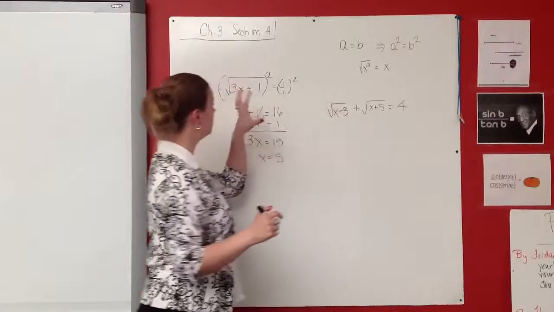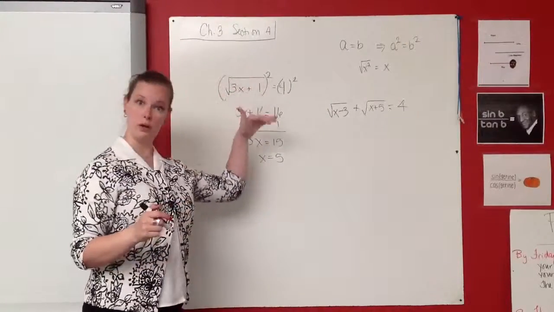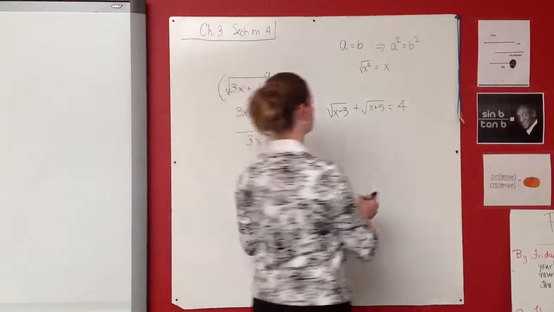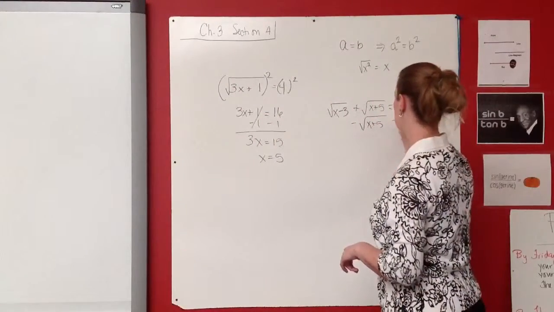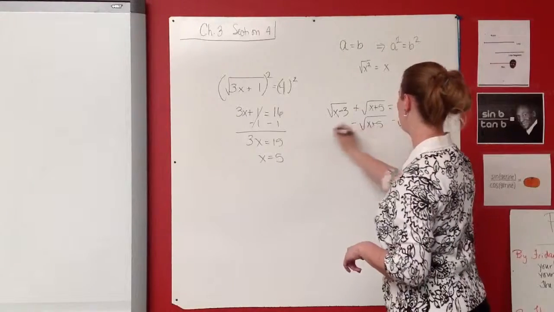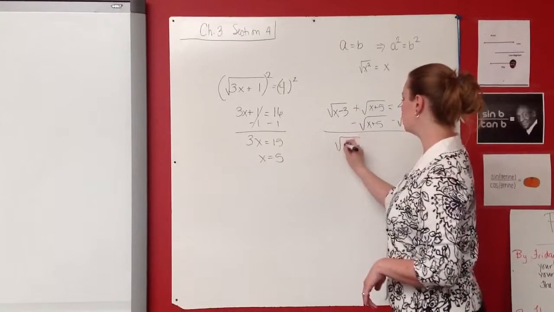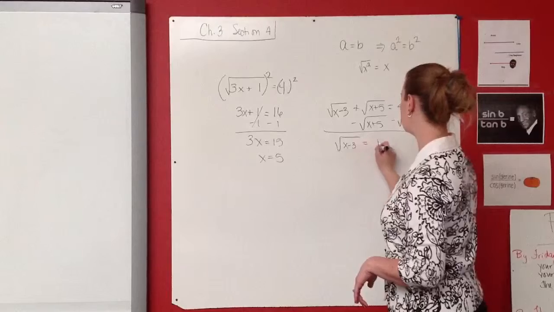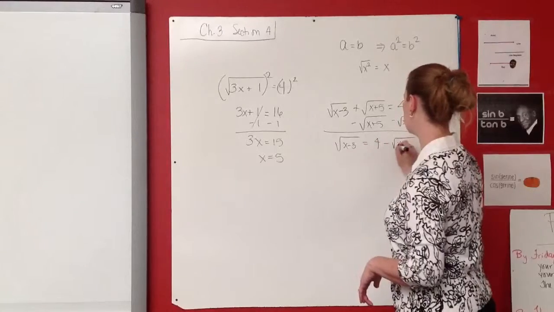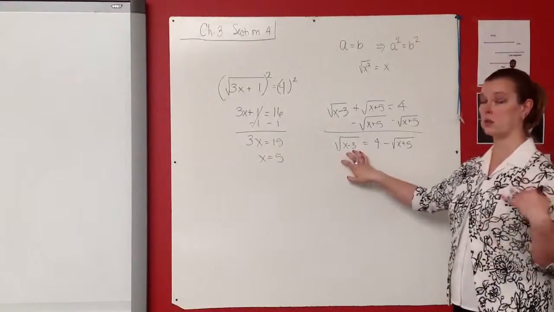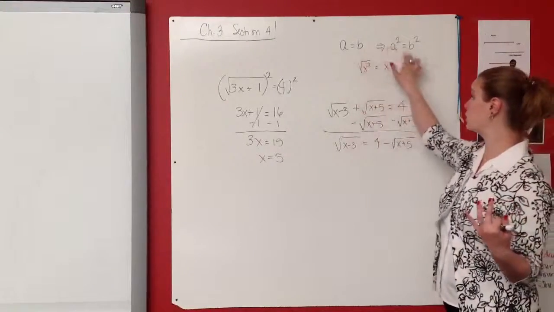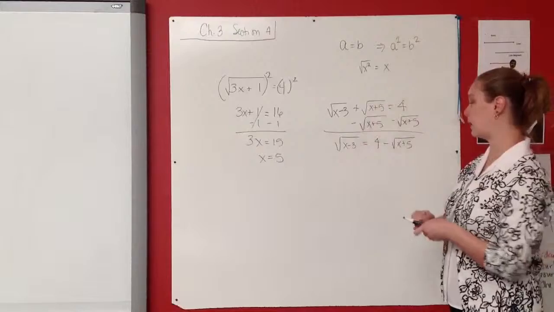So the idea is to again try and isolate at least one of the radicals, and we'll go from there. So I'm going to subtract the root of x plus 5 from both sides. And what I end up with is the root of x minus 3 equals 4 minus the root of x plus 5. Now that I have one of the radicals isolated, I can square both sides using this power rule and solve for x.